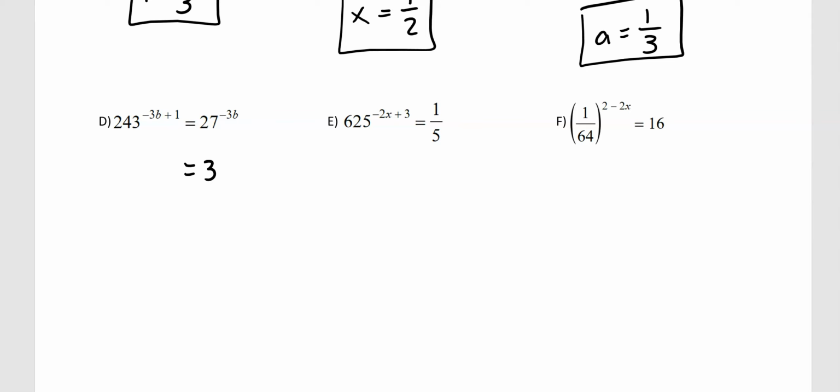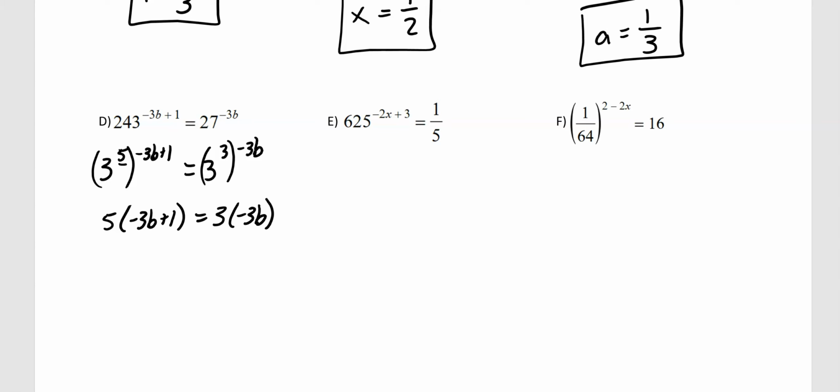So we can say this is 3 to the third to the negative 3b here. Now, 243 is 3 to the fifth. So this would be 3 to the fifth to the negative 3b plus 1. So we're going to multiply power of a power. So I have 5 times negative 3b plus 1 equals 3 times negative 3b.